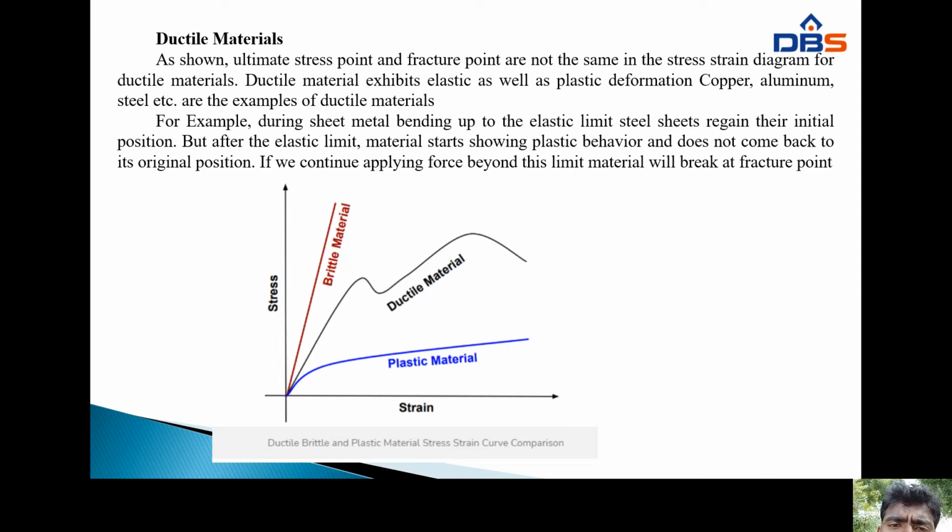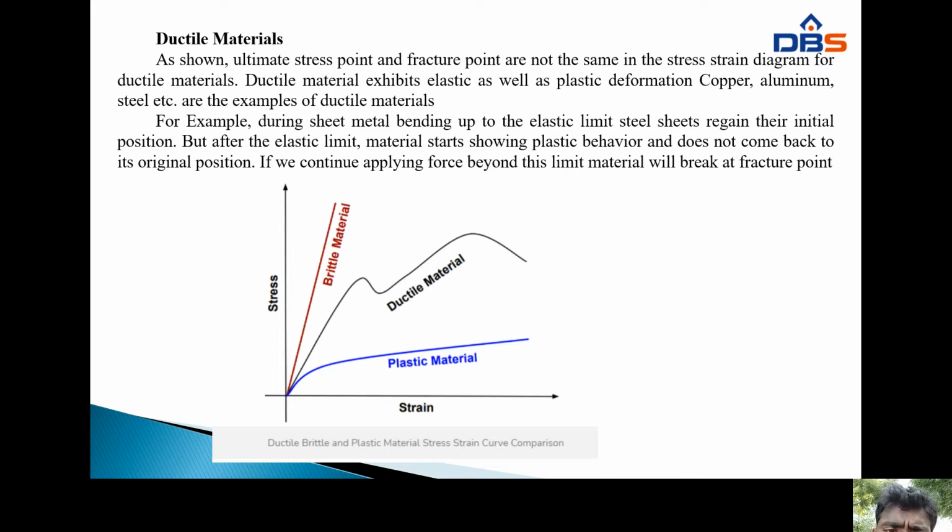During sheet metal bending up to the elastic limit, steel sheets regain their initial position, but after the elastic limit, the material starts showing plastic behavior and does not come back to its original position. If we continue applying force beyond this limit, the material will break at the fracture point.